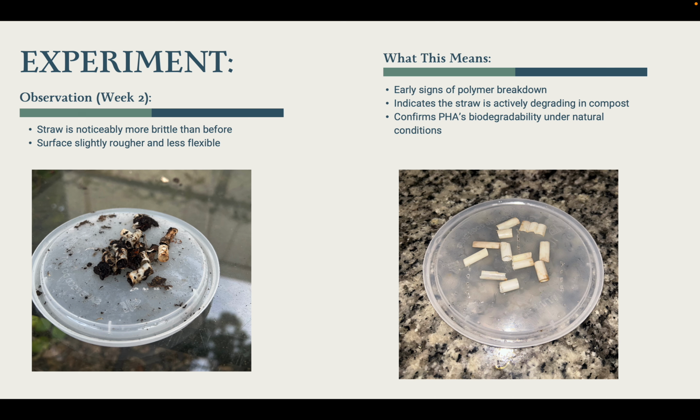This indicates early surface-level degradation, which is a good sign and suggests that the straw is beginning to break down at the molecular level. While full decomposition will take more time, this early result supports the claim that PHAs are home compostable and environmentally safe alternatives to traditional plastics.